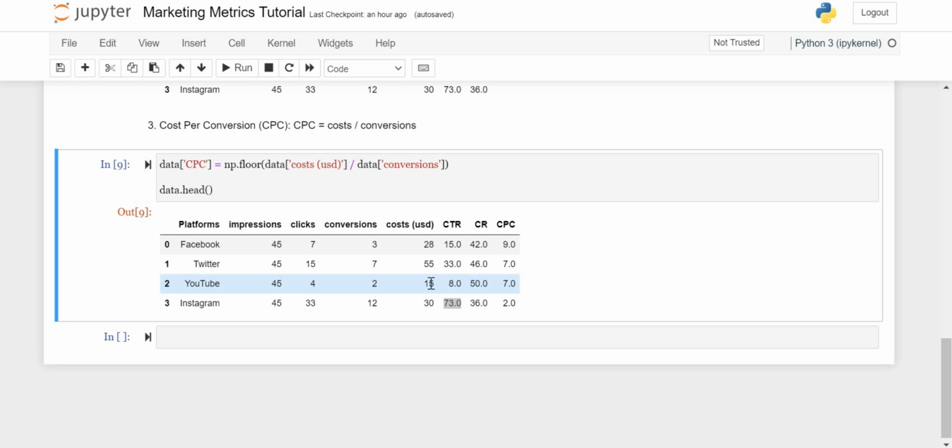If you are concerned about the cost, then YouTube may be more cost effective in terms of the money that you pay for each conversion.